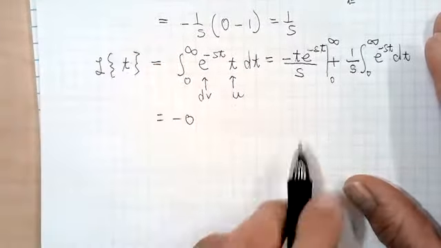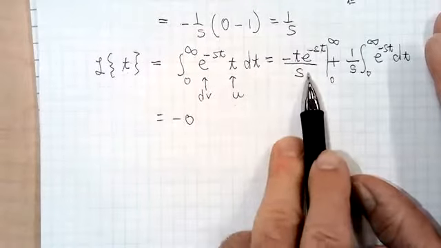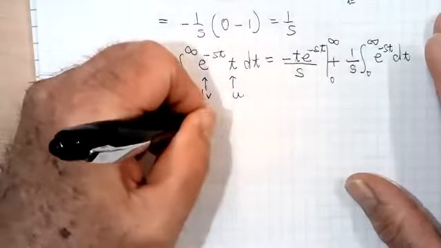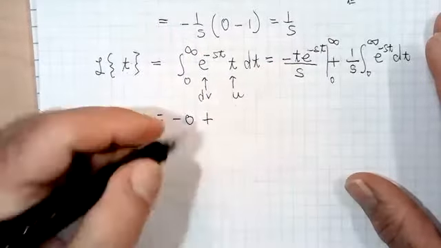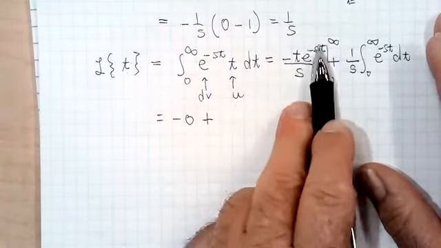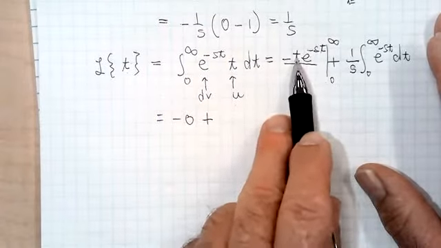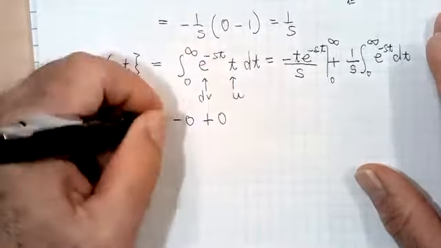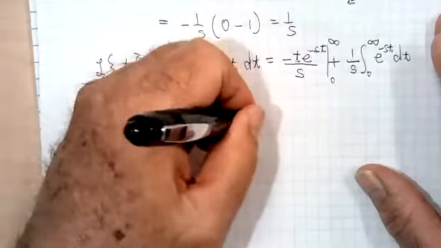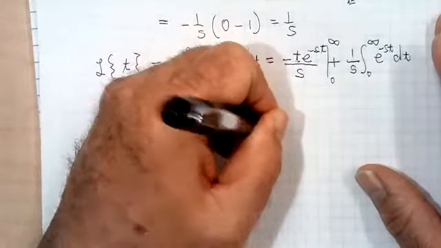If you want to keep track of that minus sign there, you can say minus 0. Then minus the result at 0. So we're subtracting a negative, we'll get a plus. And when you put 0 for t, the exponential becomes 1, but the t turns into a 0. So sure enough, once again, nothing from the uv part, everything from this integral.